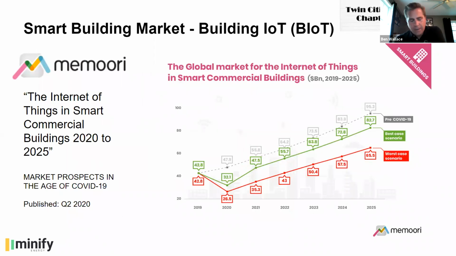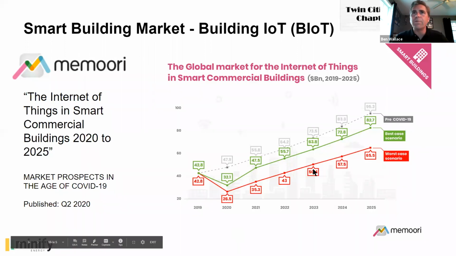Memoori is a research organization, consulting firm that tracks the smart building marketplace. They have recently put out a new market prospects in the age of COVID-19 Q2 update to their projections for growth for the building Internet of Things, BIoT, market space.